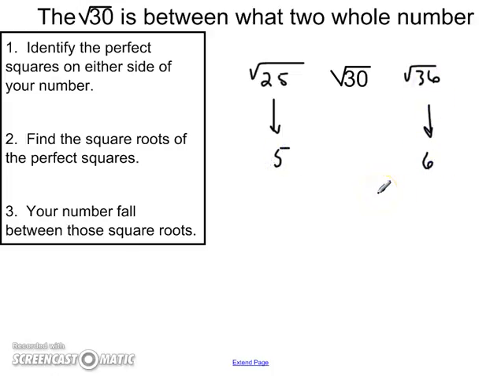So what I know at this point is the square root of 30 will fall somewhere between 5 and 6. We will get to the approximate decimal stuff in a few moments. Right now, all I know is the square root of 30 falls between 5 and 6. And that's where we're going to leave it at this moment.